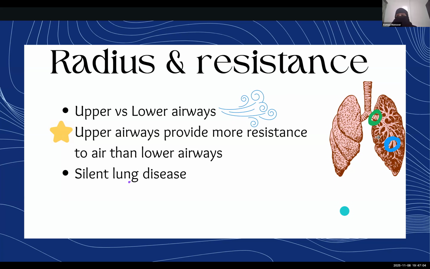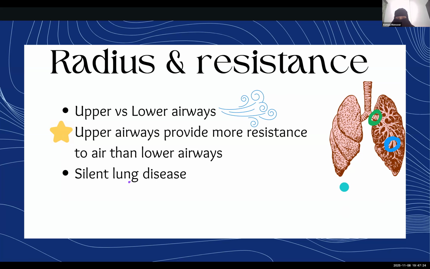But when you go to the central bronchi, if you have a tumor that's growing and initially the radius was 5 and now the tumor is making the radius 4, because the radius over here is really small, the resistance is affected hugely.